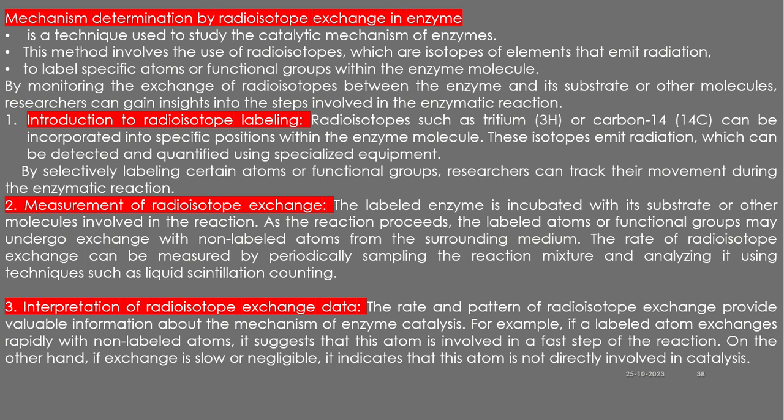Anyone or any researcher can gain insight to know this exchange of radioisotope involved in enzymatic reactions. So first of all, the first step involves introduction to radioisotope labeling. Generally two types of radioisotopes are used, and that is incorporated at specific positions within the enzyme molecules.